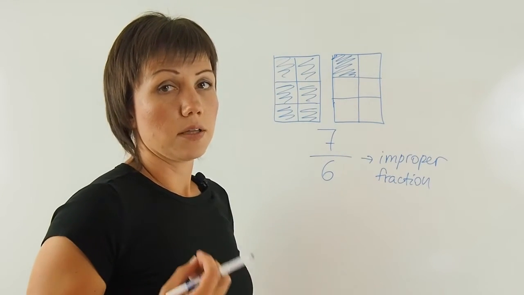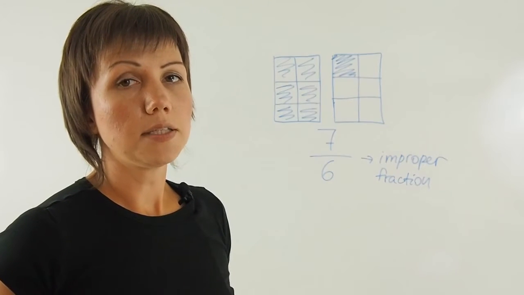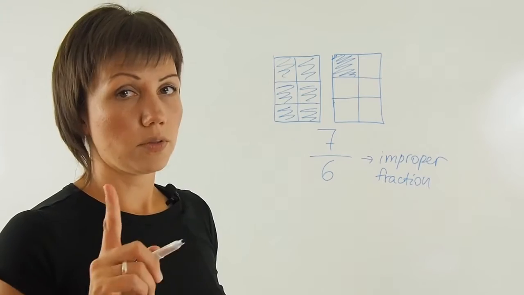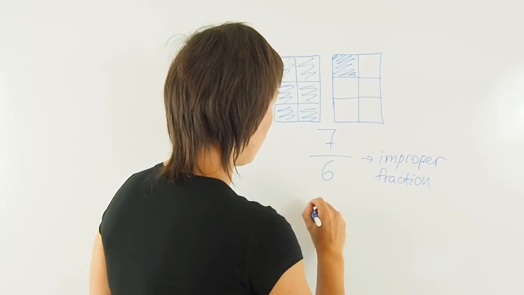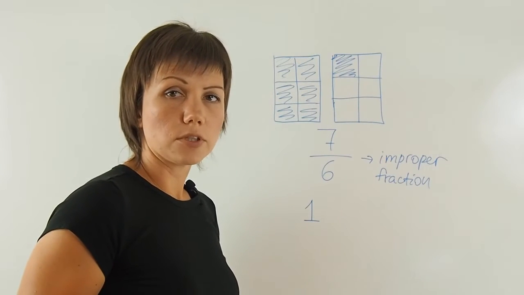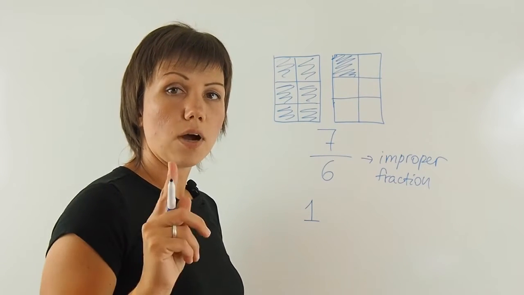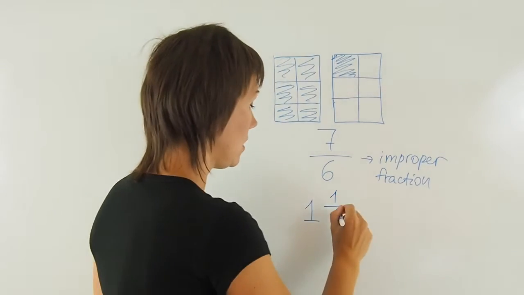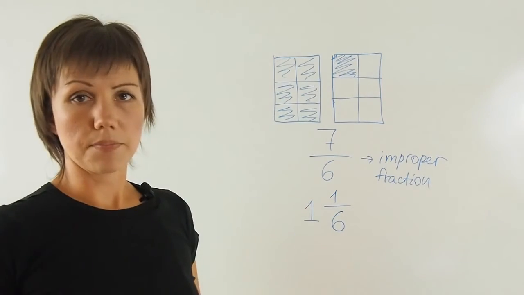So we will see how many times 6 goes into 7. Only once. So 1 whole, right? And how much is left over? 1. So 1 will be my new numerator and the denominator will remain the same.